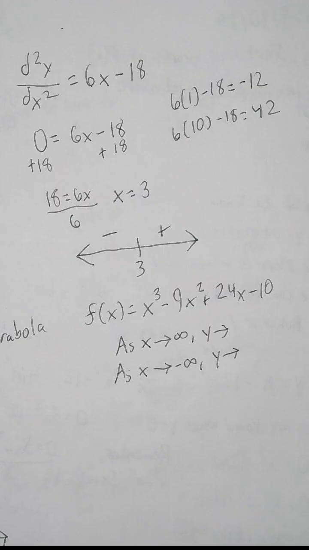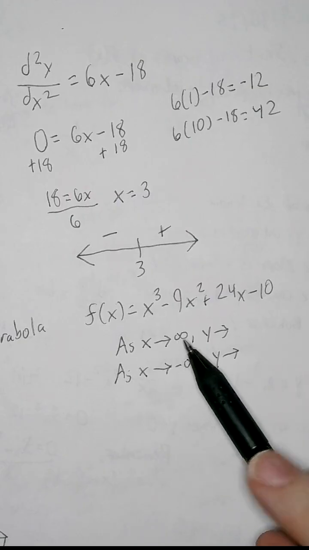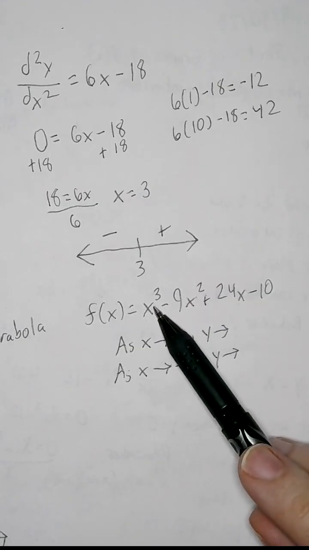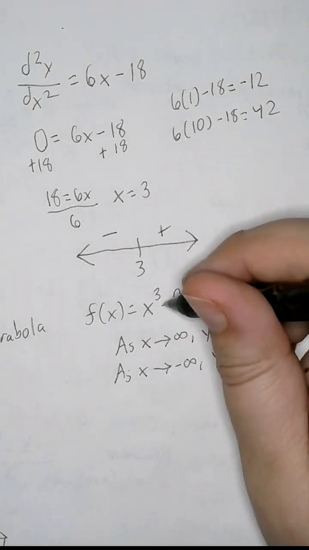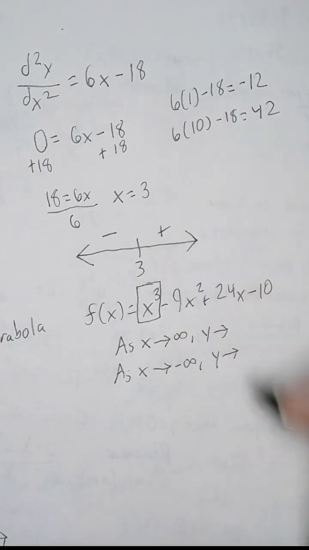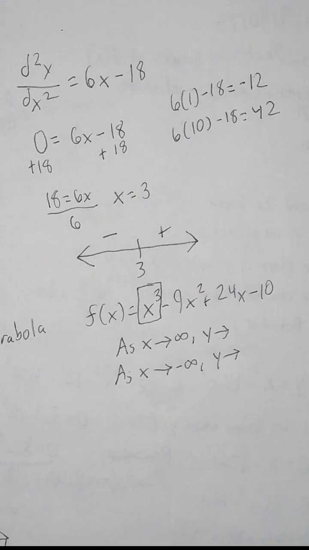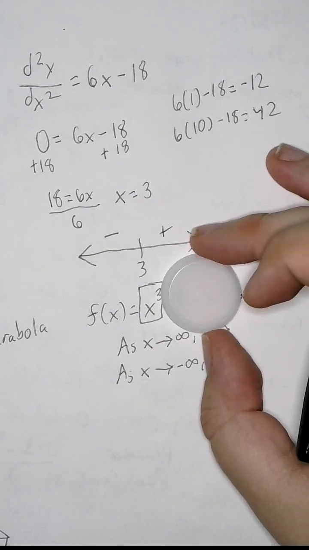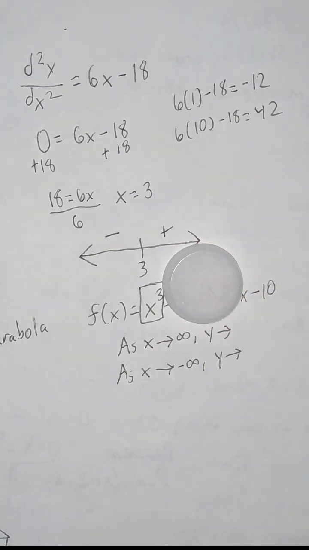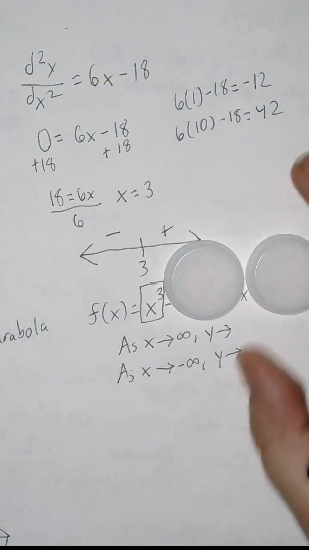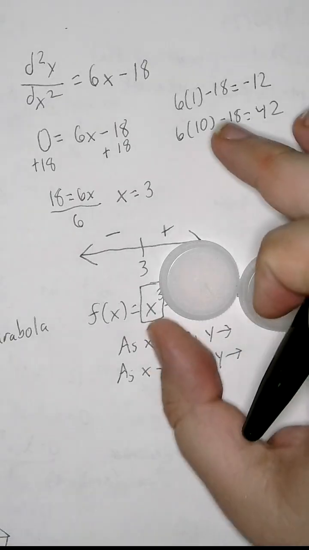Remember here, because we're dealing with end behavior, I'm going to get rid of everything that is not the highest power of x. So the only thing I'm going to be looking at here is this x cubed. So everything else we can forget about. So let me put a couple bottle caps over that to show that we're not going to worry about those. There we go. All right.